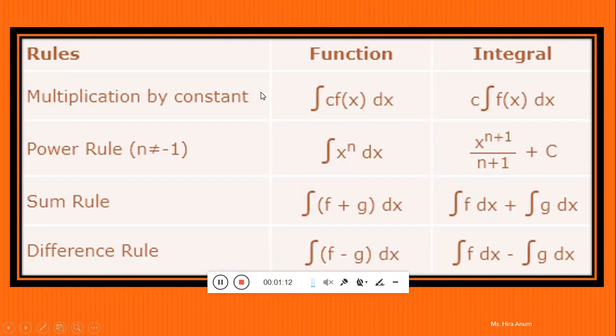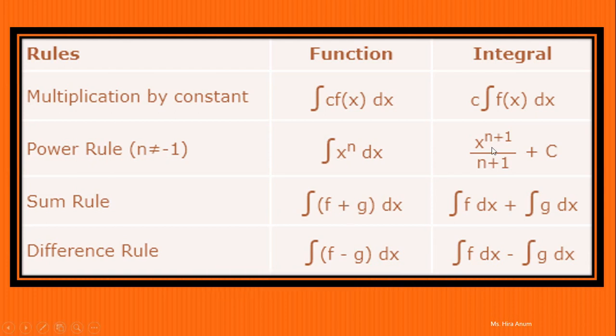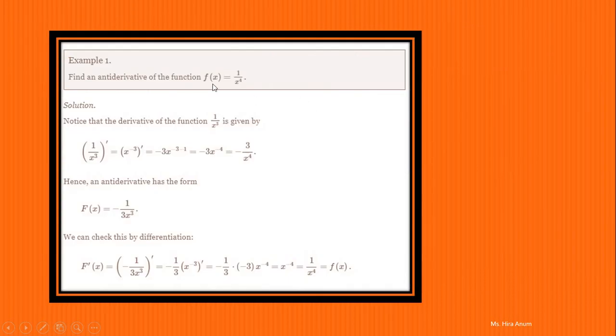Remember the power rule, x^(n+1) over n+1. So it becomes x^(-3) over minus 3. We take x to the denominator, so the power becomes positive. The answer is minus 1 over 3 x^3.